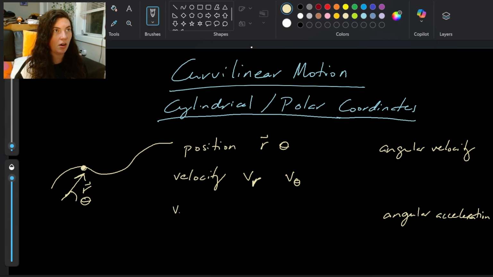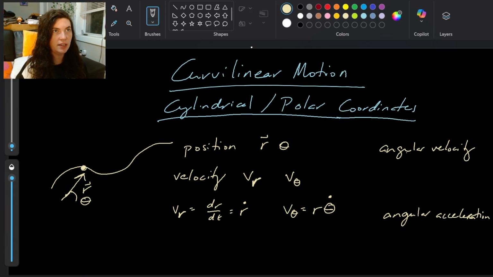Where v_r is the derivative of r with respect to time. You may also see that written as r dot. Whereas v_theta, our transverse coordinate, is just the radius times the derivative of theta with respect to time.